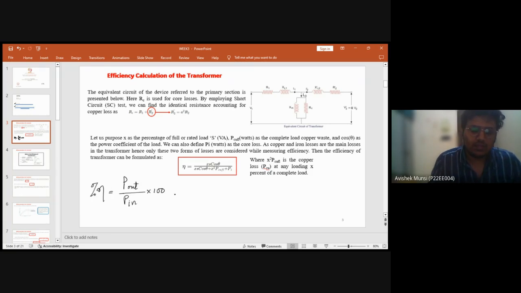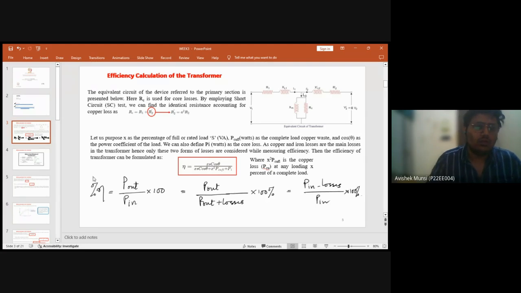So if in a system there is some kind of losses, we get the output power, and there should be some kind of losses because no machine in this world is ideal, right? So 100% efficiency is not possible. So you can write it in this way or in this way.